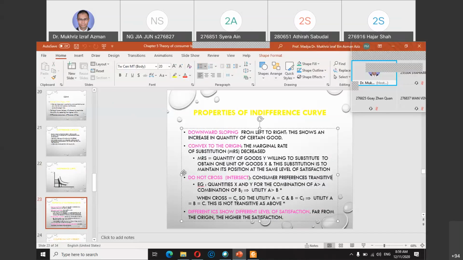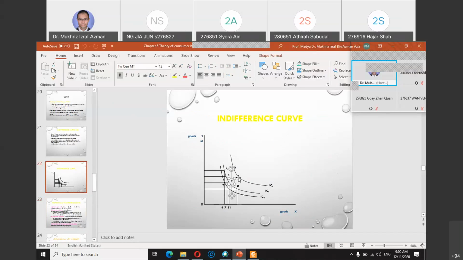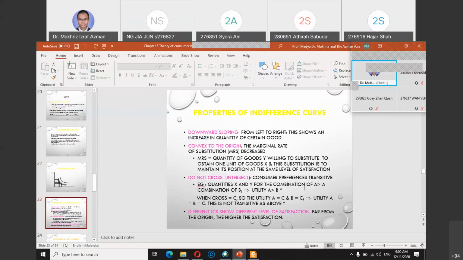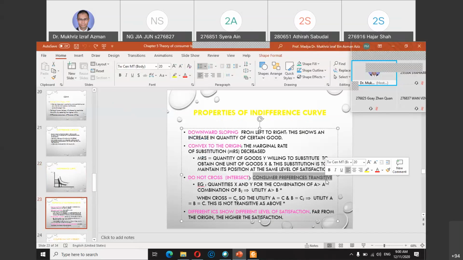So if two indifference curves intersect or cross each other, for example like this, one of the observations you will see is that this assumption is not true anymore, or you violate the assumption of transitive consumer preference.